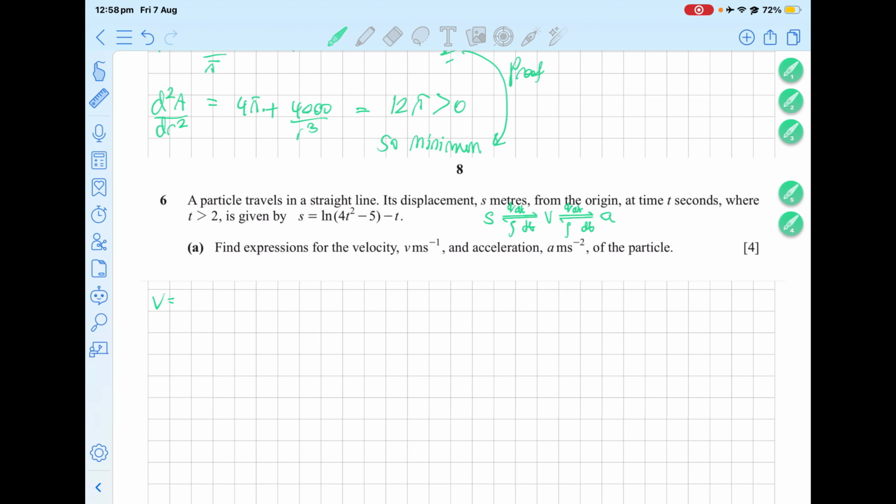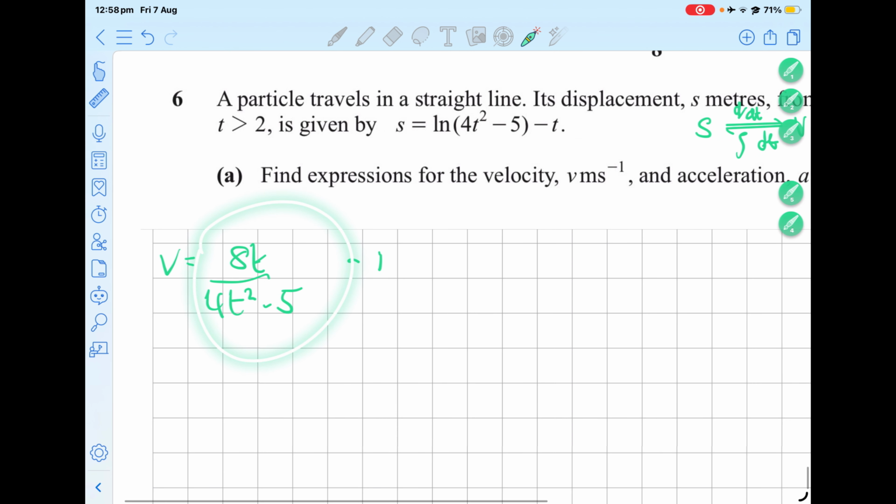Whenever you differentiate ln of f of x, you do f prime of x over f of x. So that would be 8t over 4t squared minus 5, and for minus t you do minus 1. Now we're focusing on the differential of this thing.